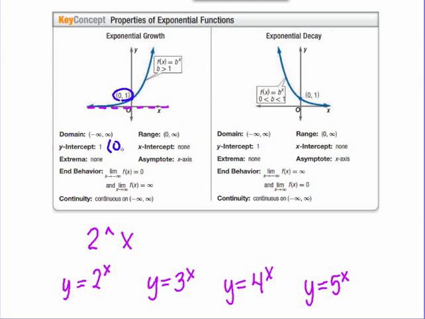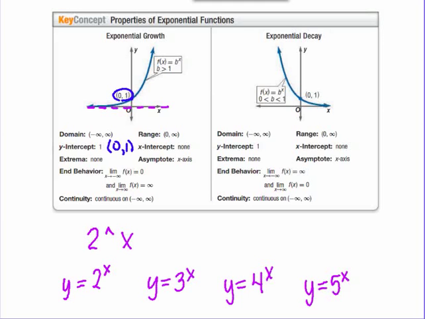0, 1. So now, if the y-intercept is considered the point (0, 1), how come all 4 of those will give you a y-intercept of 1? What always equals 1? You're on the right track. The y-intercept is located at the point where the exponent is 0, and the base to the exponent 0 is always 1.